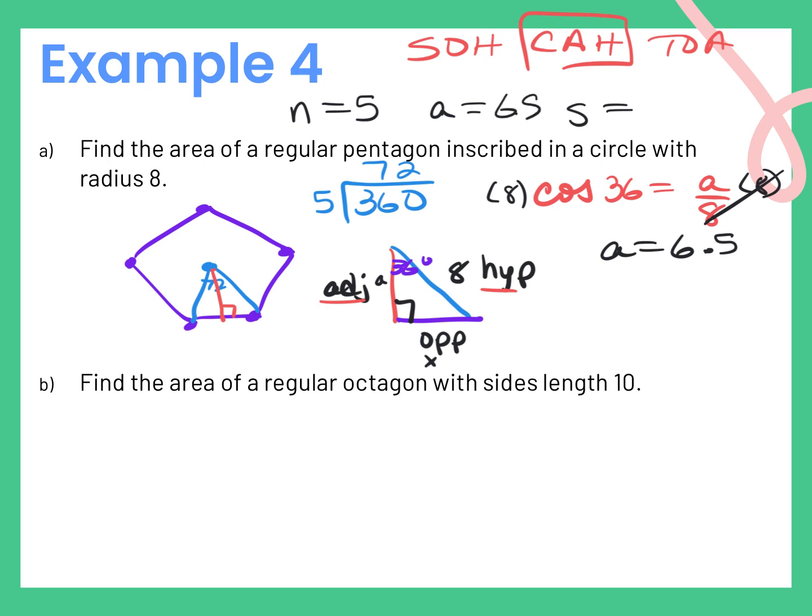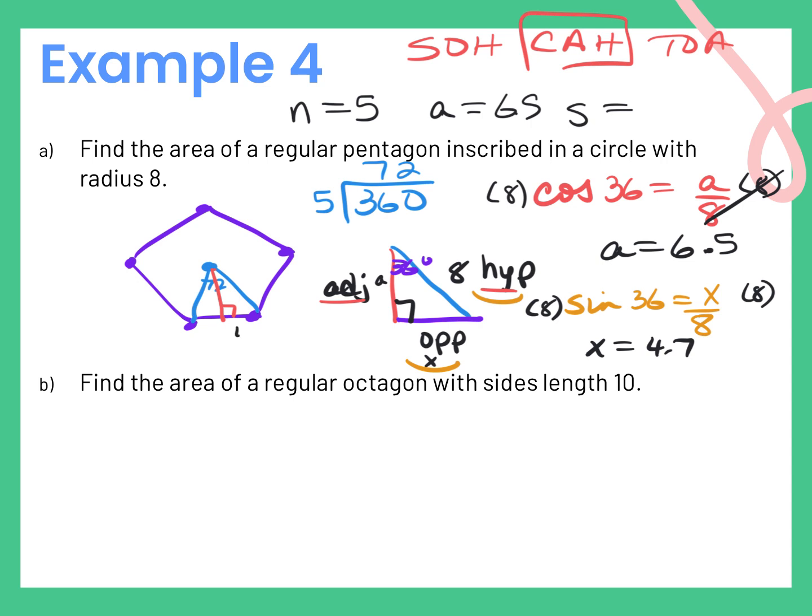I now need to find the side length, which is what I called, half of it is x. So again, opposite and hypotenuse. So that'll be sine of 36 equals x over 8. Multiply both sides by 8. On your calculator, do the sine of 36, multiply it by 8, round to the tenths place, and you're going to get x is 4.7.